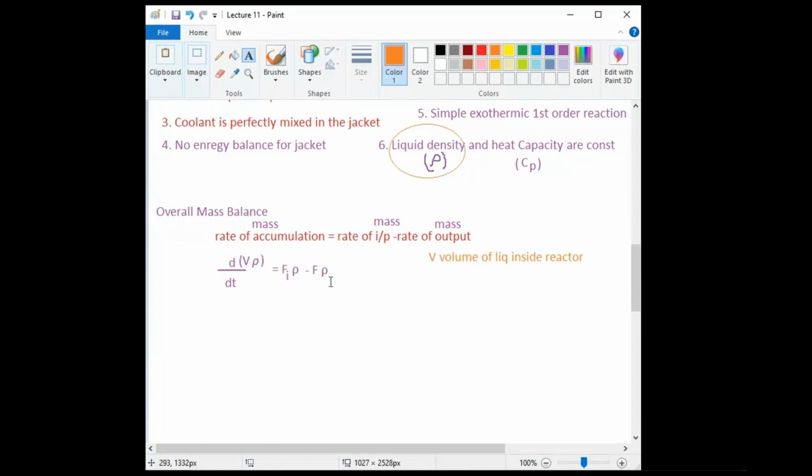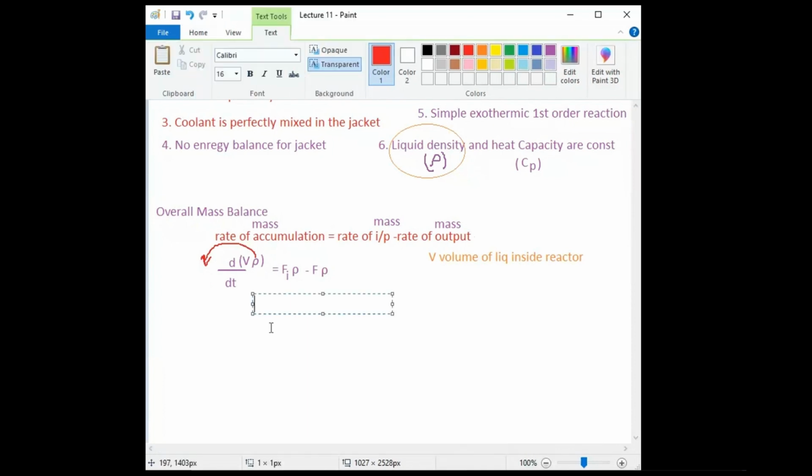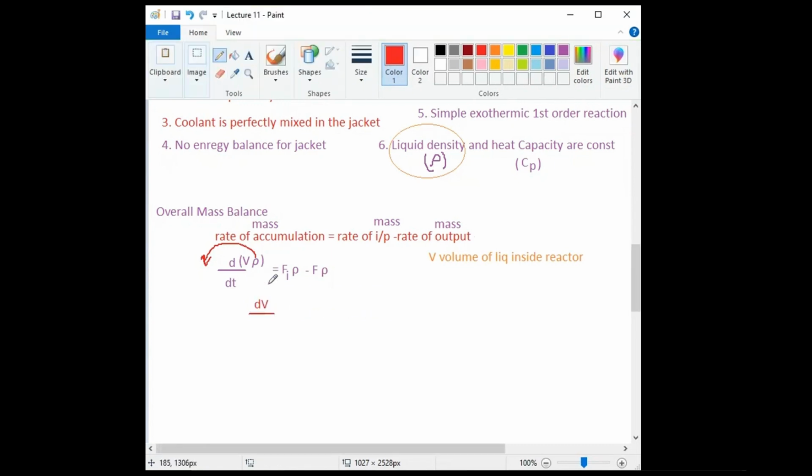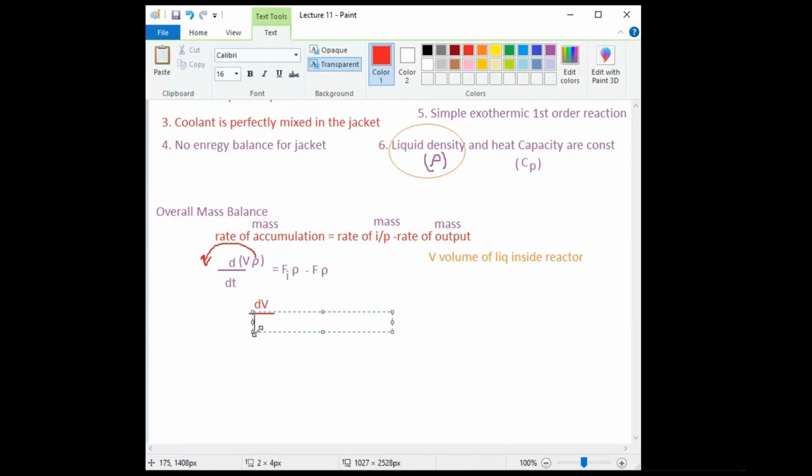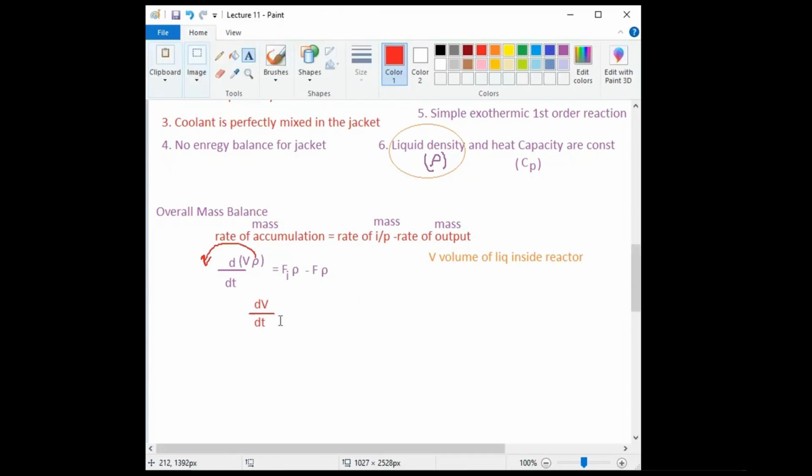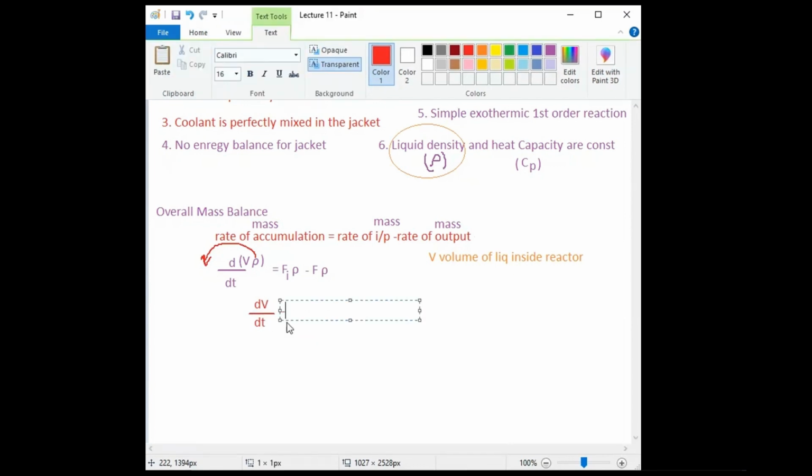Because rho is constant, it can come out and all the rho will be cancelled out. And what we have left is dV by dt is equal to Fi minus F.